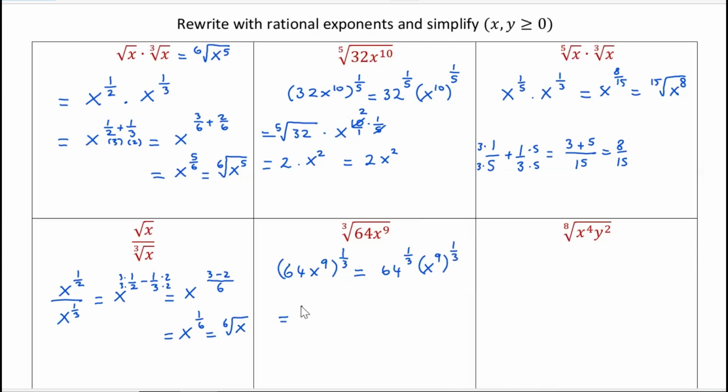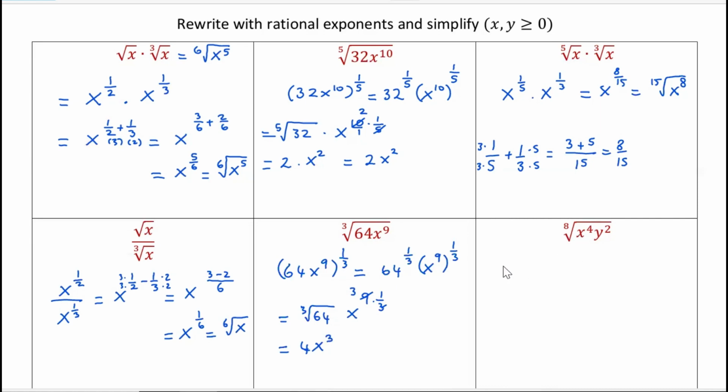You can put it back in the radical notation as cube root of 64. And the second one, we will use the power rule to multiply the two exponents. The cube root of 64 equals 4, and x to the power 9 times 1/3 will simplify to x cubed. So the answer will be 4x cubed.